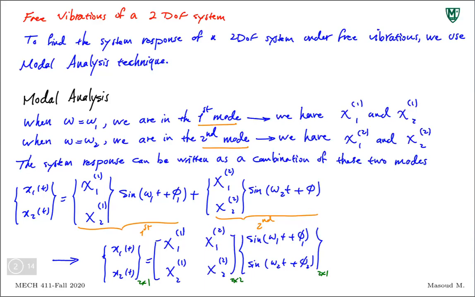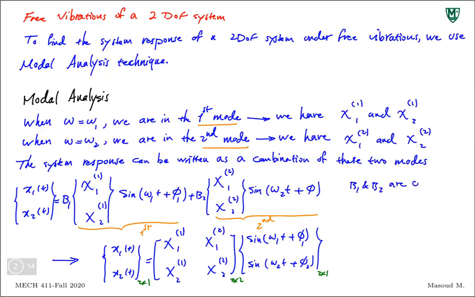Now, we are actually missing some coefficient. I have to put the coefficient somewhere because it has to be a combination of these, right? We said the combination of these two modes, as a result, has to be multiplied by something. Call these B1 and B2.